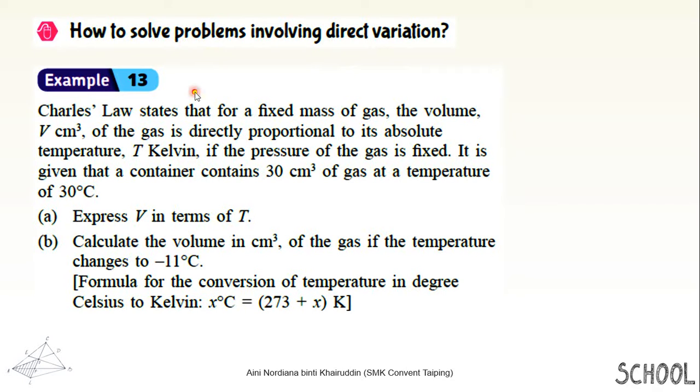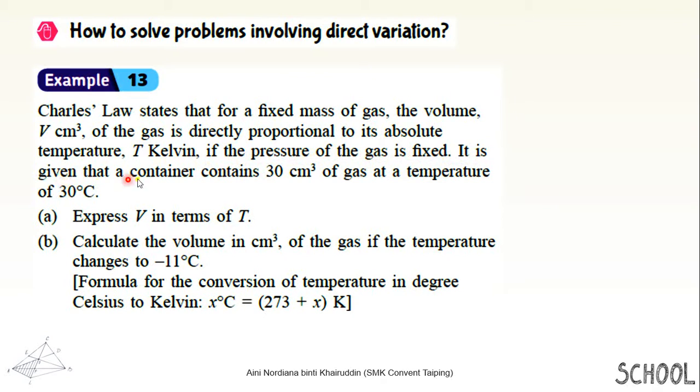Look at example 13. Charles' law states that for a fixed mass of gas, the volume V cm cube of the gas is directly proportional to its absolute temperature T Kelvin if the pressure of the gas is fixed.